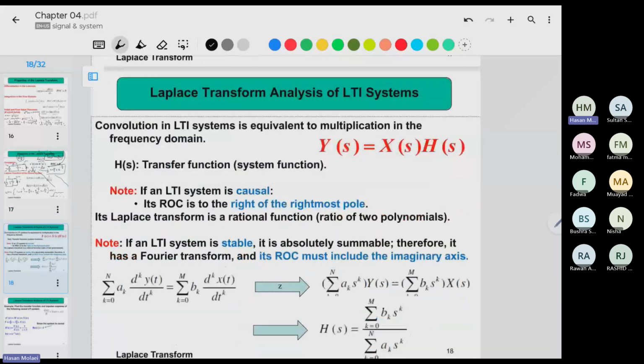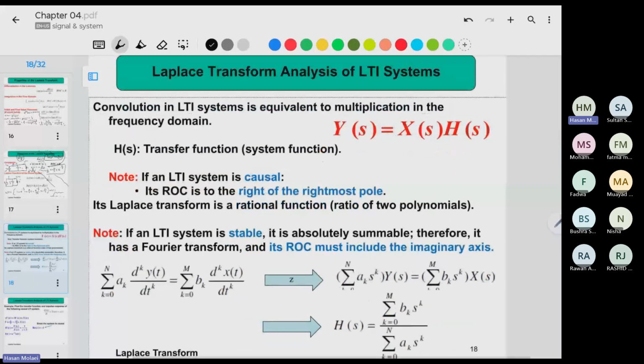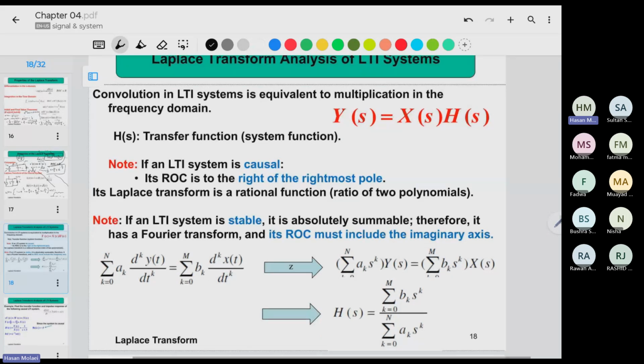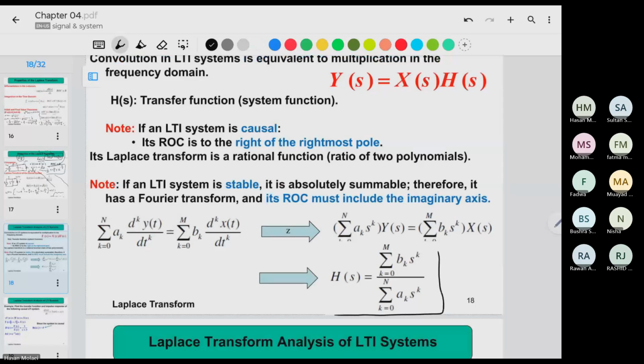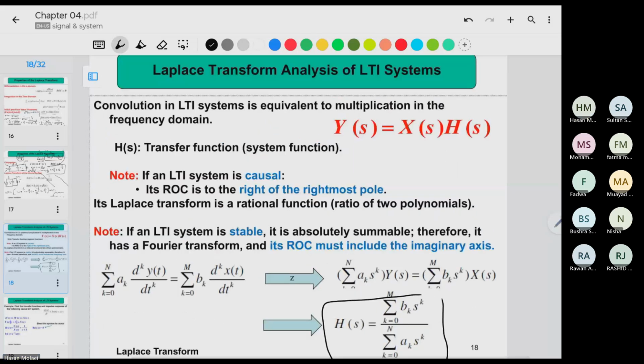If we can write one system with a differential equation, we can easily move the equation to the S domain. We can find the transfer function. After that, we can find the output in S domain, and we need to apply Laplace inverse to find the output.